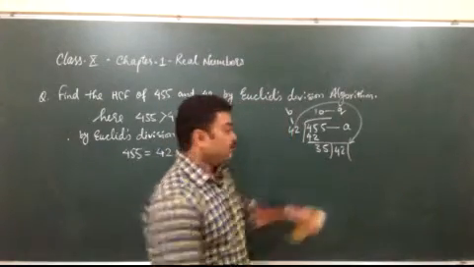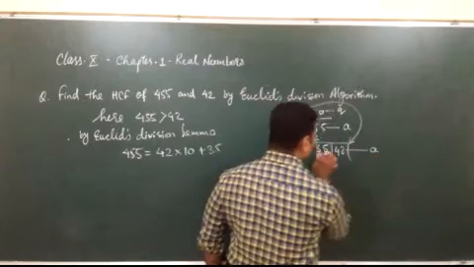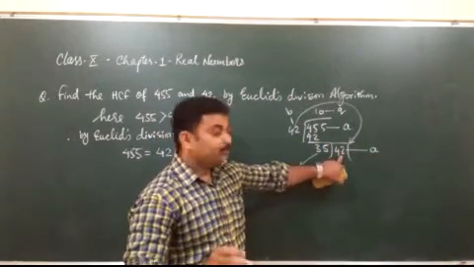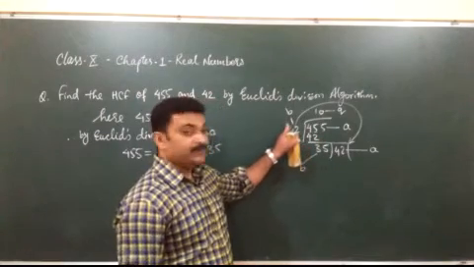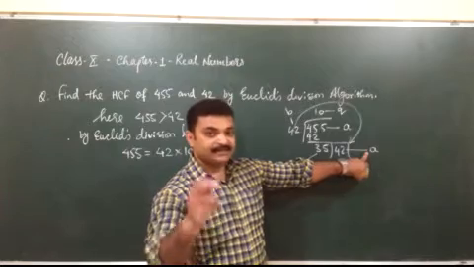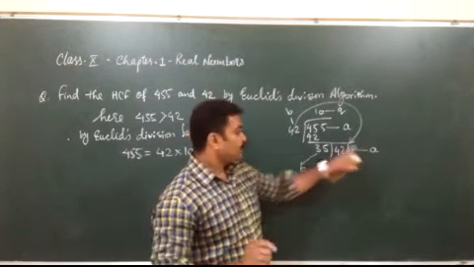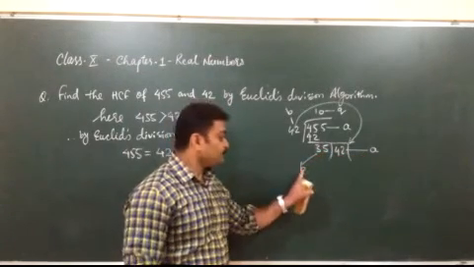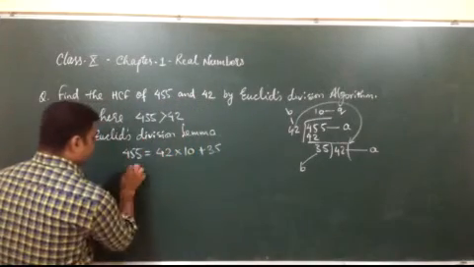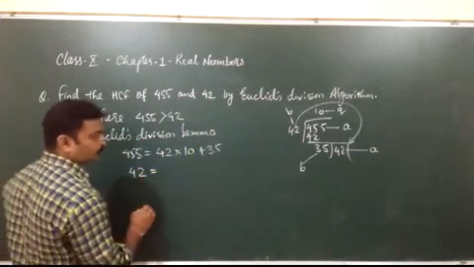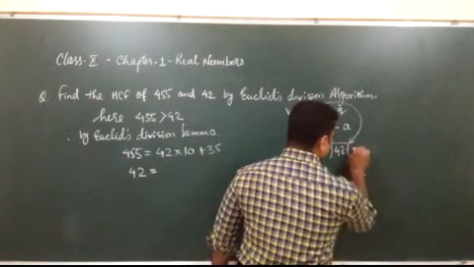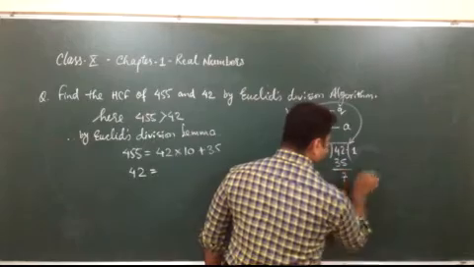Here again we will have A and B. Clear? Here 42 was B in the previous step, but in this step it becomes the dividend A, and the remainder becomes the divisor B. So we write 42 is equal to 35 ones are 35 and remaining 7.